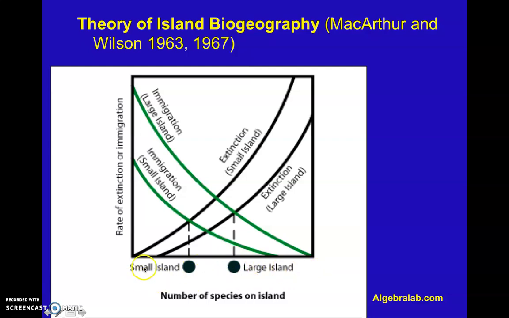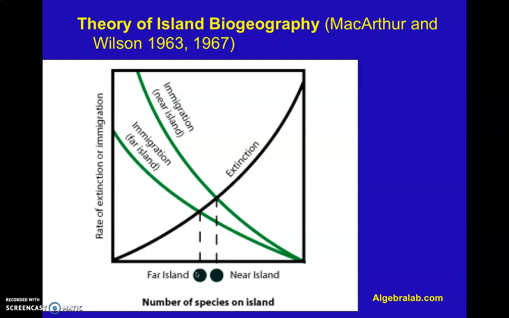Again, the number of species is on this axis, whereas that smaller island where the immigration rate line and the extinction rate line are intersecting is occurring at a lower number of species. And so that basically explains why we have a smaller number of species on a smaller island compared with a larger island. It's not just the amount of habitat, it's these processes of immigration and extinction and relating to what kind of competition is going on the island.